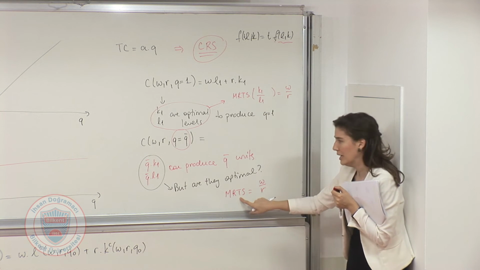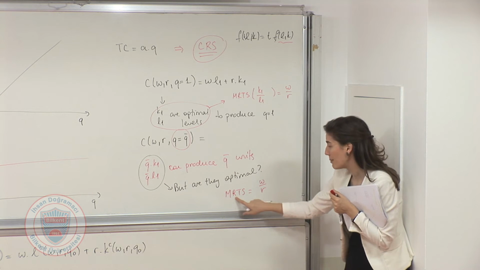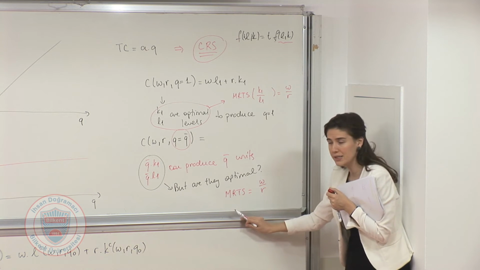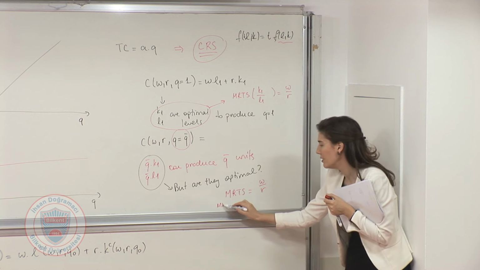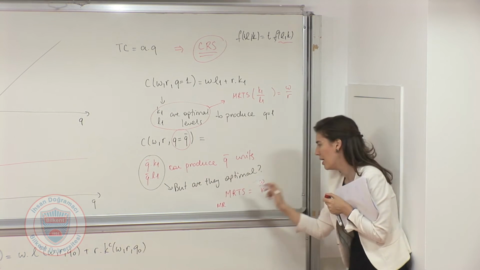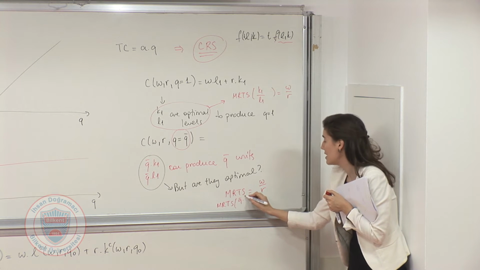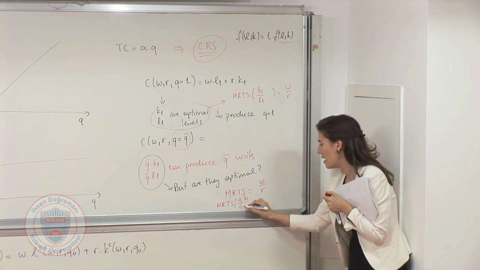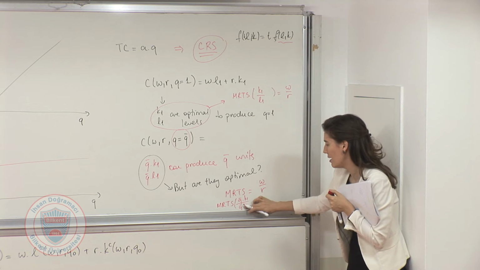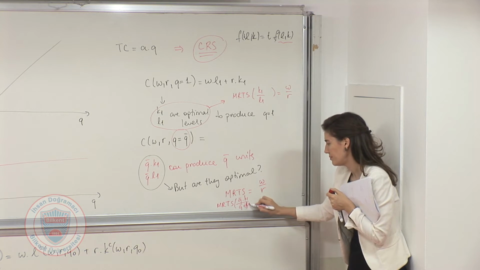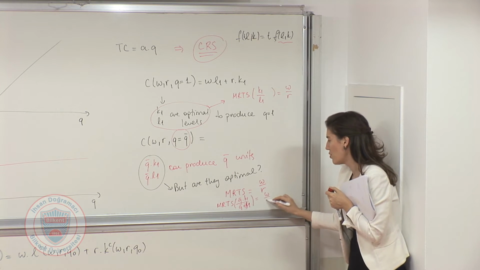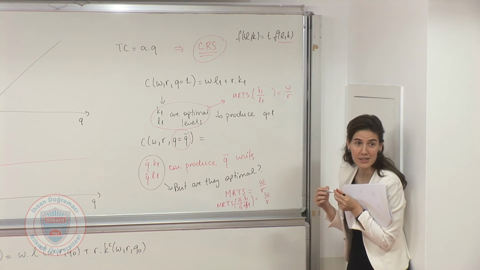Now, in this case, I'm going to have my MRTS, and I'm going to plug in my new bundle there: Q bar times K1, Q bar times L1, equal to wage over R. Do you think these satisfy this equation as well?